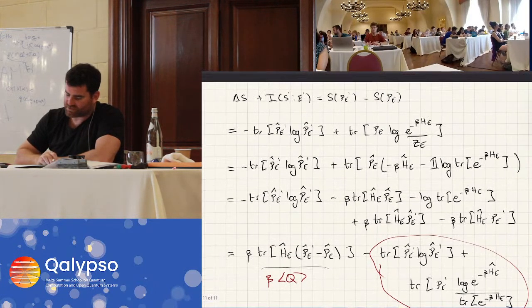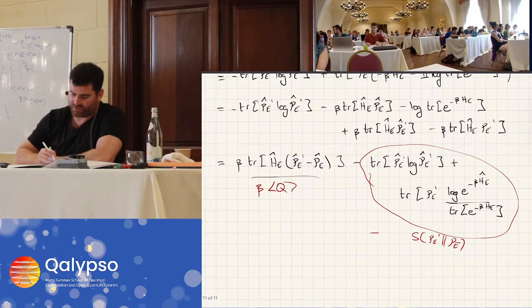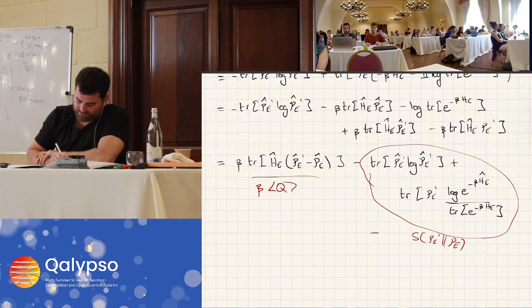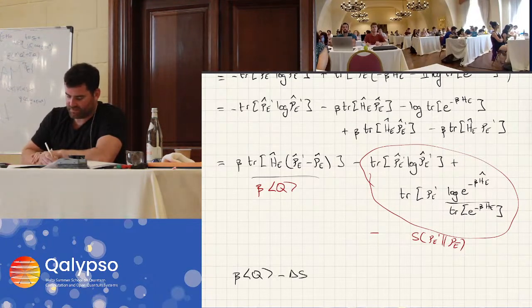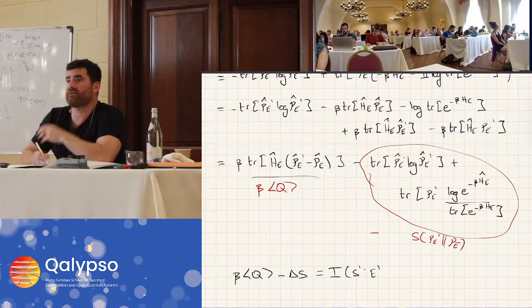Okay, so what have we shown here? Well, you've shown that beta Q minus delta S is equal to the mutual information between the system and the environment at the final time, right?